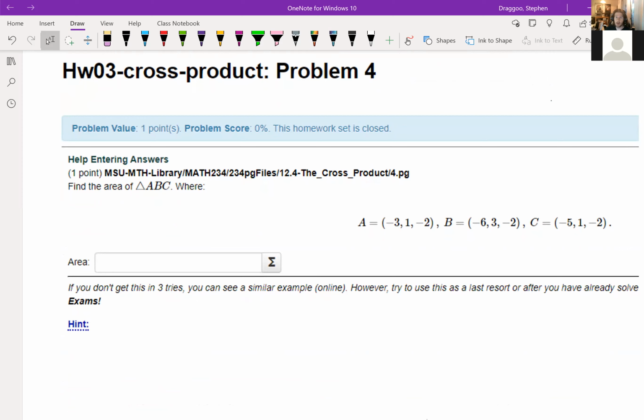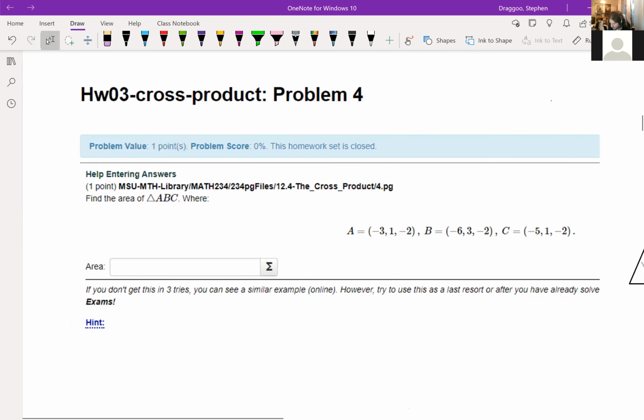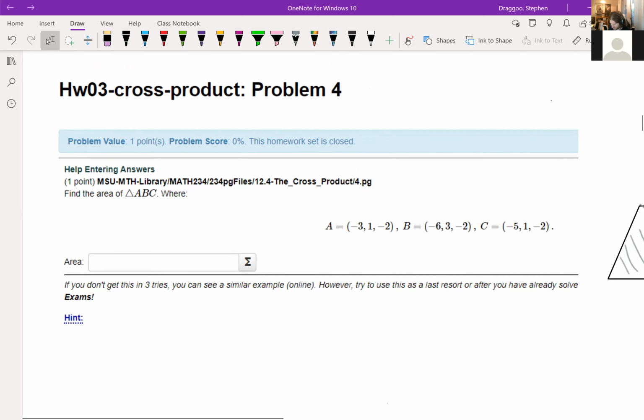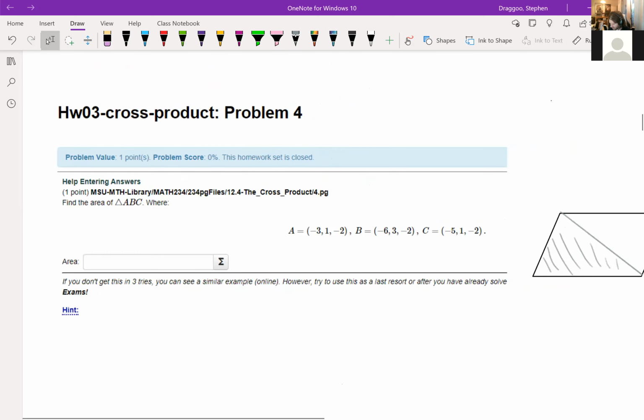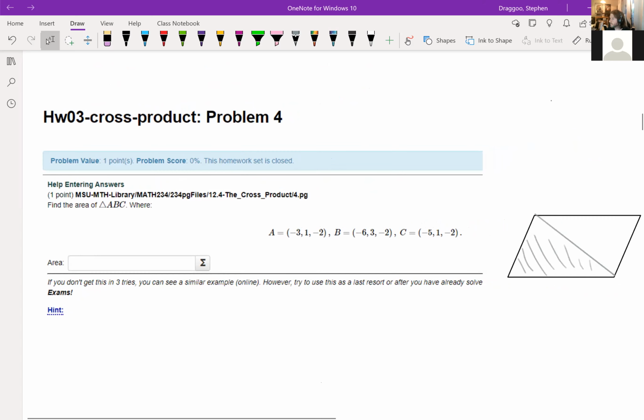All right, let's next take a look at another problem out of the cross product section, but this one's going to ask us to find an area of a triangle. So given points A, B, and C, which are listed over there, we want to find the area of that triangle.